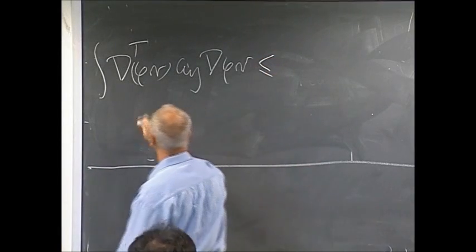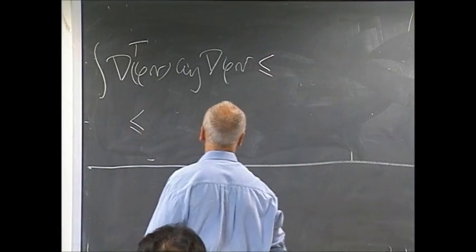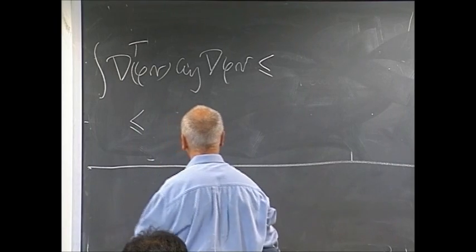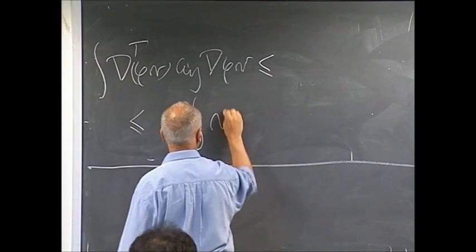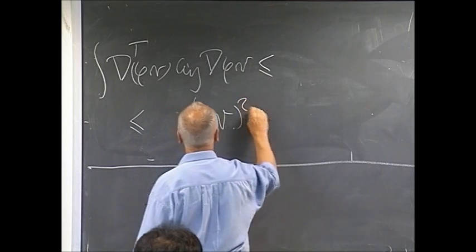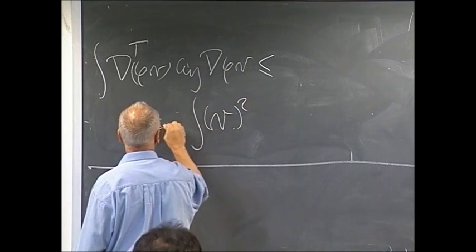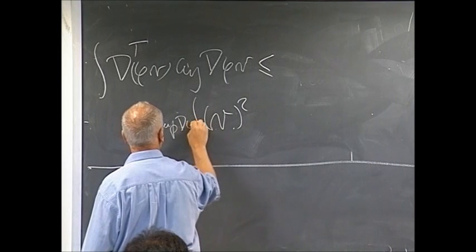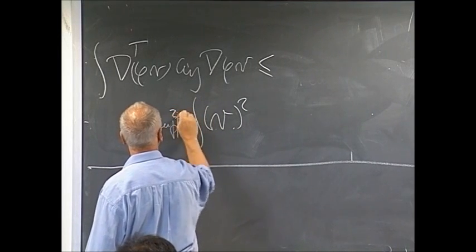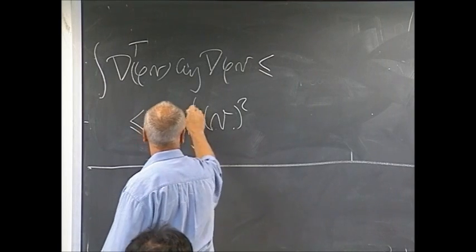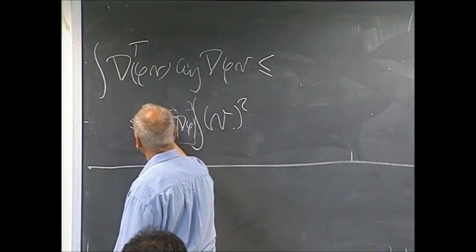This is going to be smaller or equal than, so the standard thing you do is the integral of V squared times the sup of gradient phi squared, times a constant.